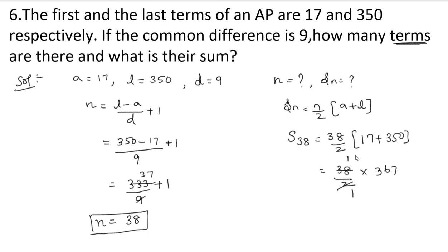When I cancel with the 2 table, I'll get 19. When I multiply 19 into 367, I'll get 6,973. So this AP contains 38 terms, and the sum of this AP is 6,973. Do you understand how to find this?